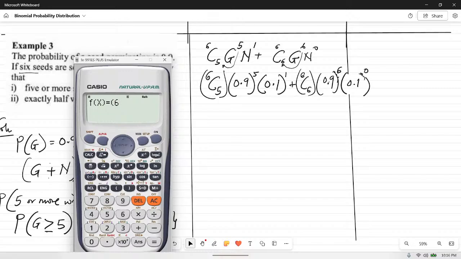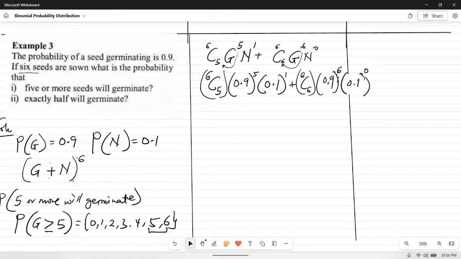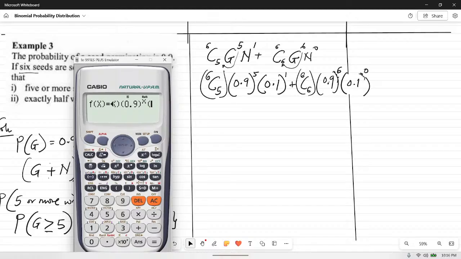Bracket 6 combination x, times 0.9 exponent x, times 0.1 exponent 6 minus x. We are starting at 5 and ending at 6.